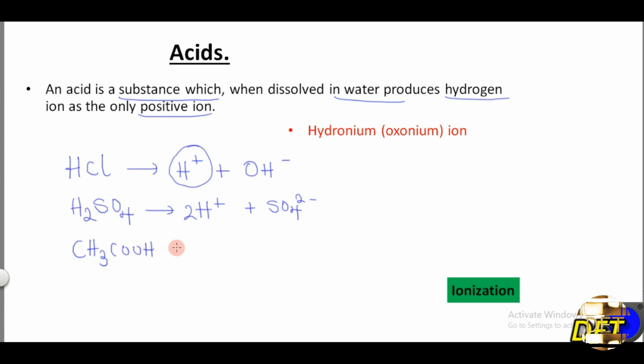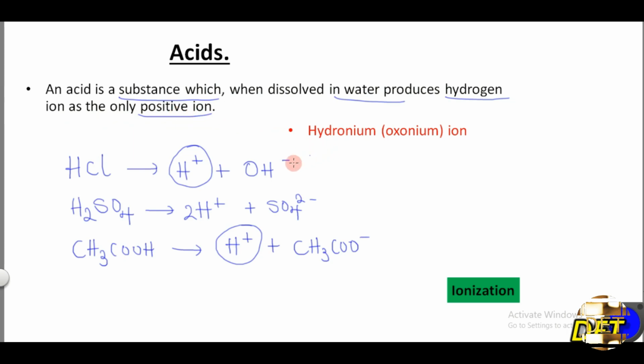When this compound dissolves in water, it ionizes to produce hydrogen ion and ethanoate ion. So this is the only positive ion that is produced in the solution. So again, an acid is a substance which, when dissolved in water, produces hydrogen ion as the only positive ion.